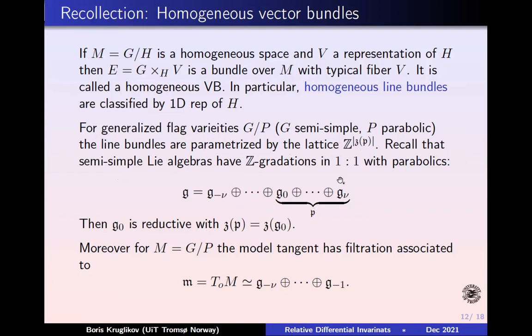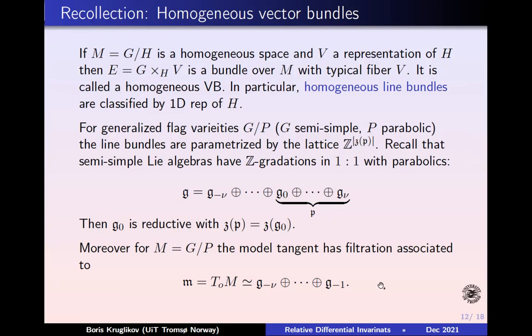So I have this gradation of the algebra G, and the non-negative part G0 plus G1 plus so forth, that's the parabolic. Okay, G0 is reductive, and its center is G0. So this equality is wrong. Actually, it's just G0. So it's reductive. It has a semi-simple part plus a center. So this is G0, and this G0 appears in here.